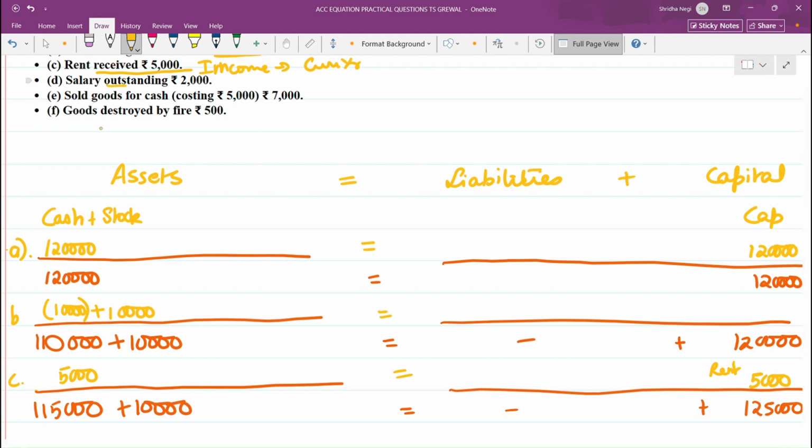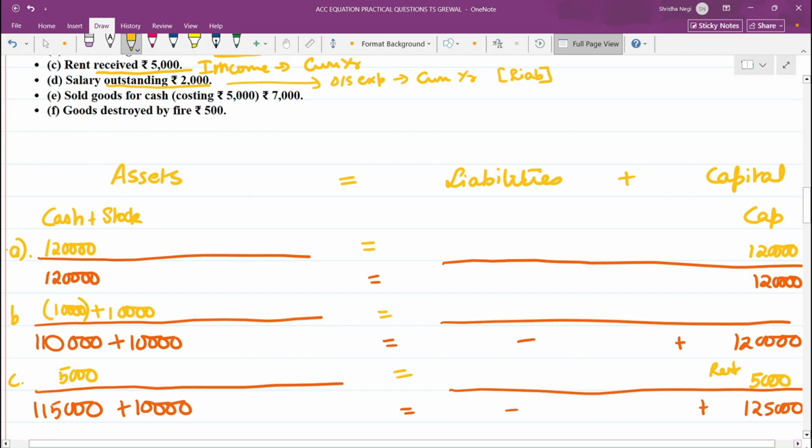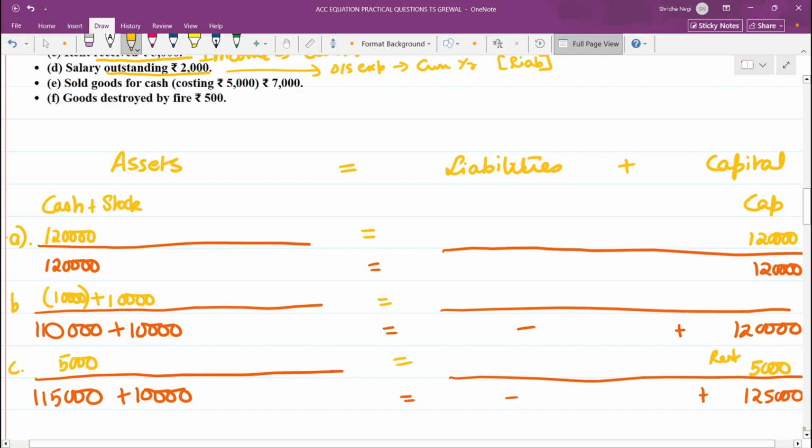Salary outstanding rupees 2,000. Salary outstanding. This is outstanding expense which is of the current year. So it will affect the capital account and outstanding expense is a liability. It's a liability. You have to pay. The firm has to pay. So 2,000 your outstanding salary is a liability. तो यहाँ liability में outstanding salary will come इसके नीचे. ठीक है?